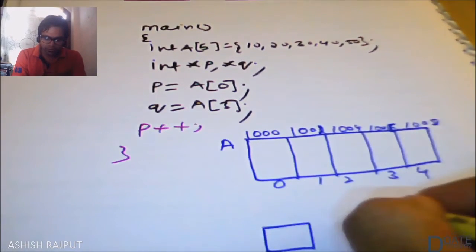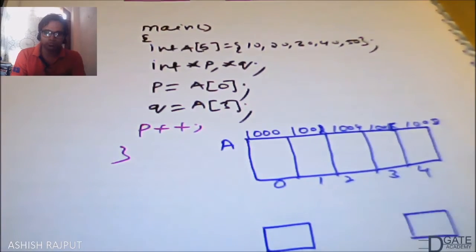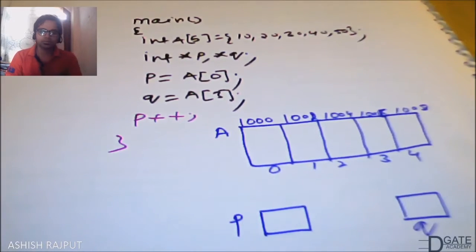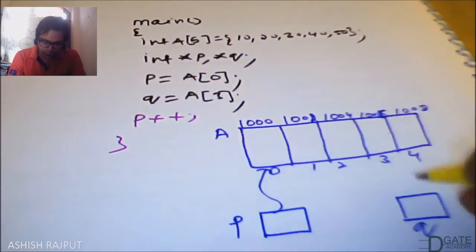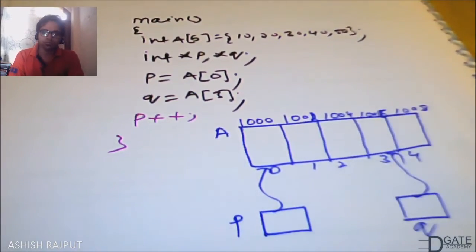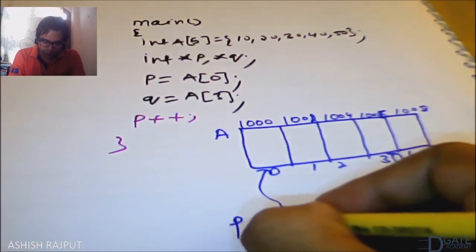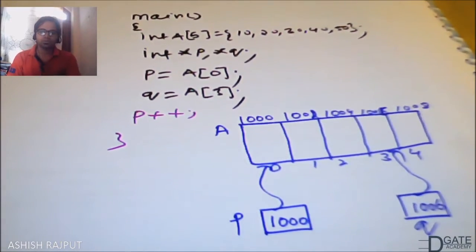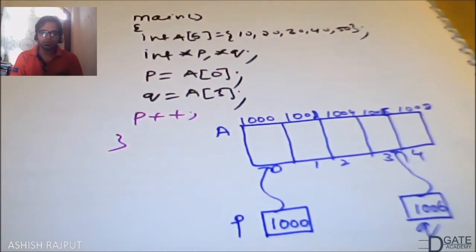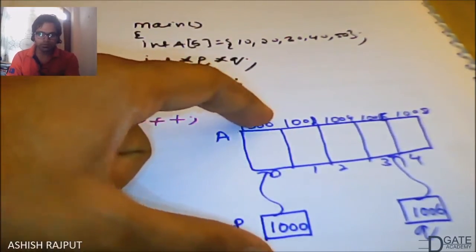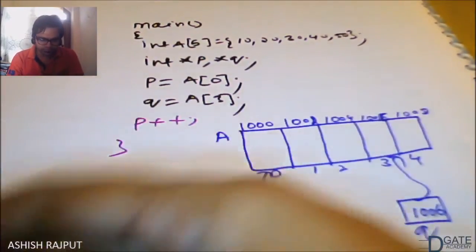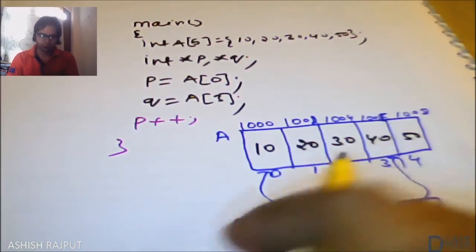P is pointing to this, and this is the location of Q. Inside P is 1000 and inside Q is 1006. This is the present scenario, and the value here is 10.